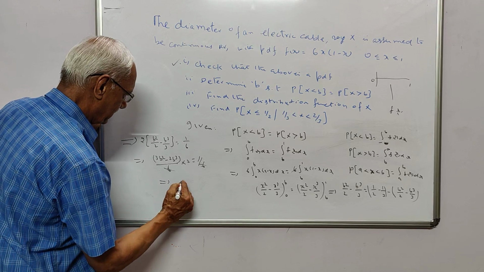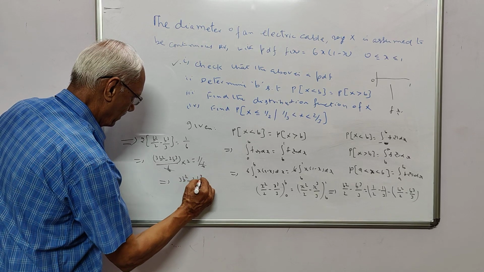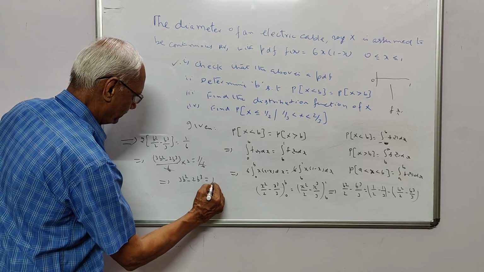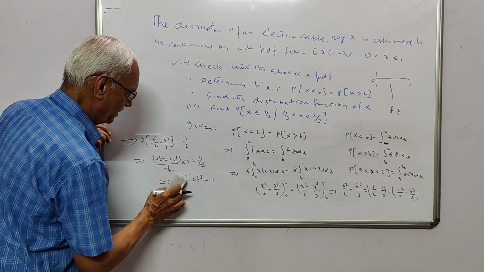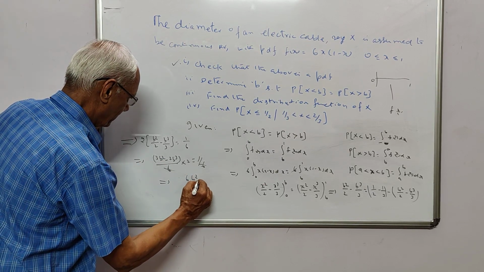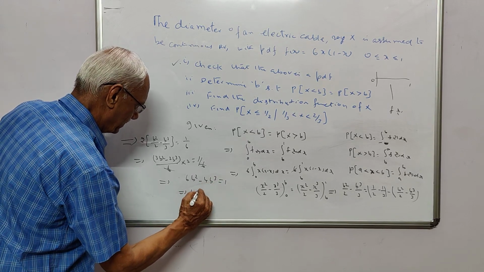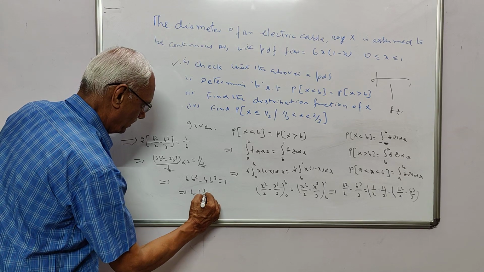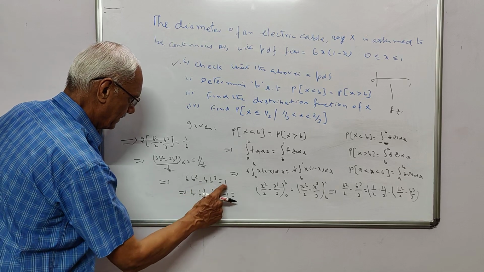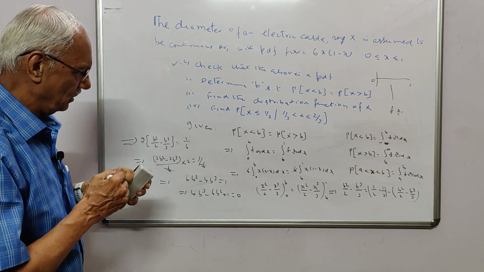You can write this as 3b squared minus 2b cubed equals half. Multiplying by 2, we get 6b squared minus 4b cubed equals 1. This implies 4b cubed minus 6b squared plus 1 is equal to 0. So this is very simple.